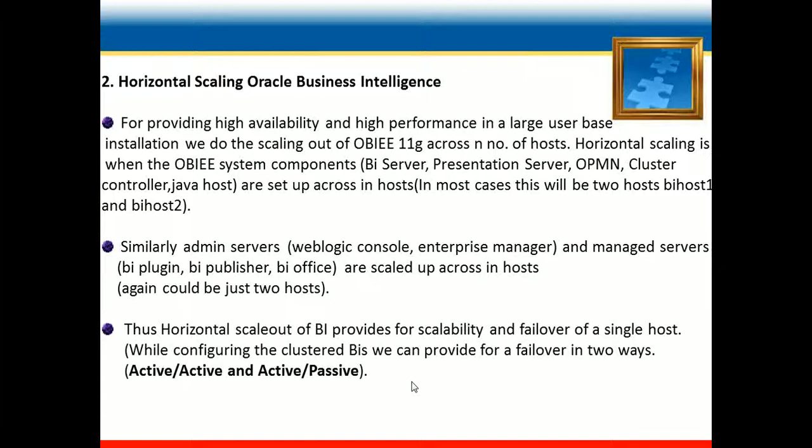We can configure horizontal scaling with active-active or active-passive failover. It has two types of failover, active-active and active-passive. So in case of horizontal scaling, there is no need to protect the system from host failing.